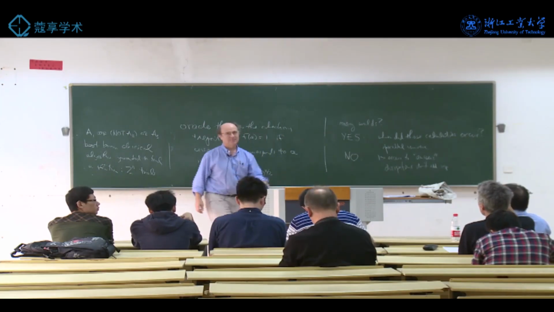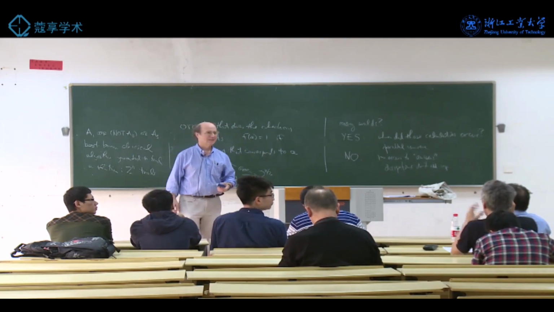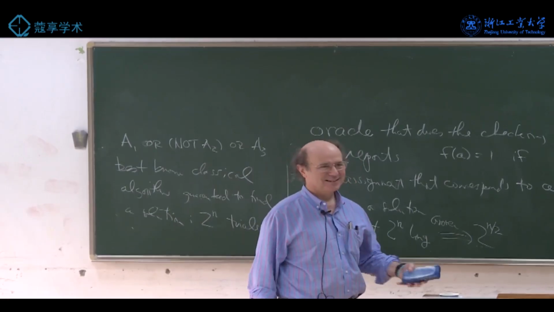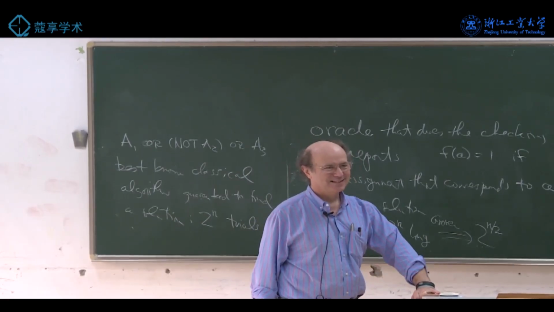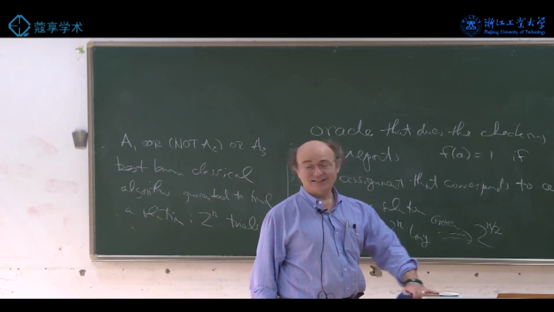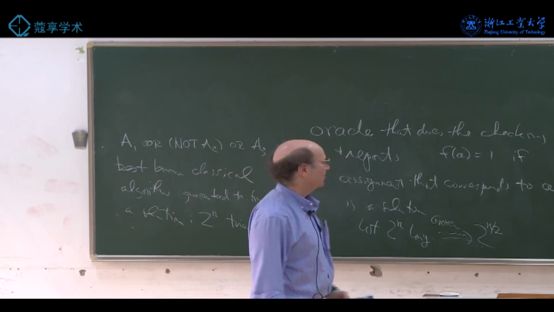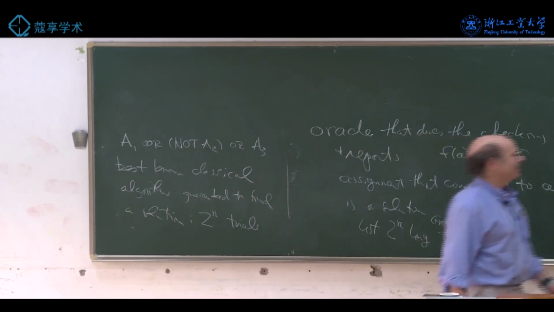Why is it not enough to say, well, instead of the classical state space, we have a Hilbert space, which is a much larger object? 2 to the n dimensional, you mean? Yes, and the calculation happens in that. Yes, that's right. Absolutely, I agree with that.